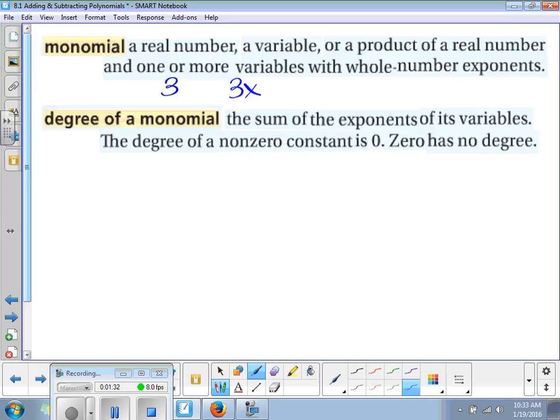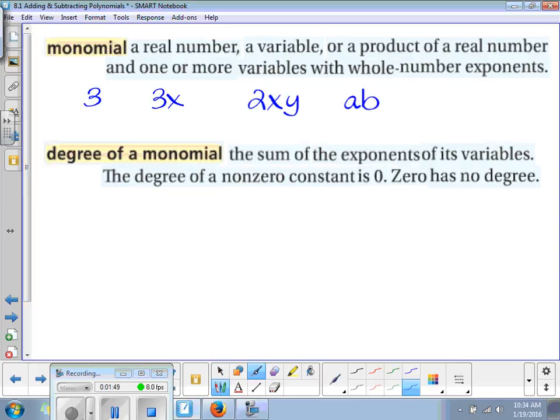Or 2xy could be a monomial. Or AB, or A. Those are all monomials, okay? Another one, let's just do a squared, whole number exponent, meaning that you cannot have a fraction or a decimal as an exponent.